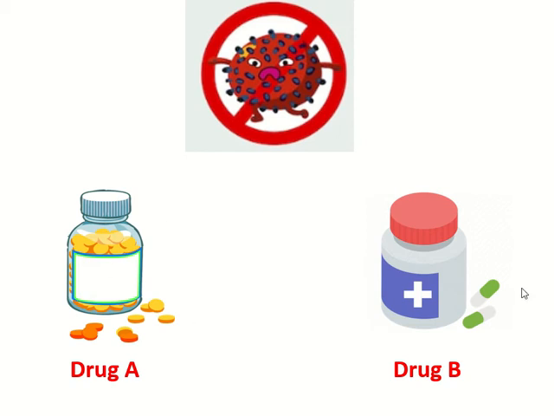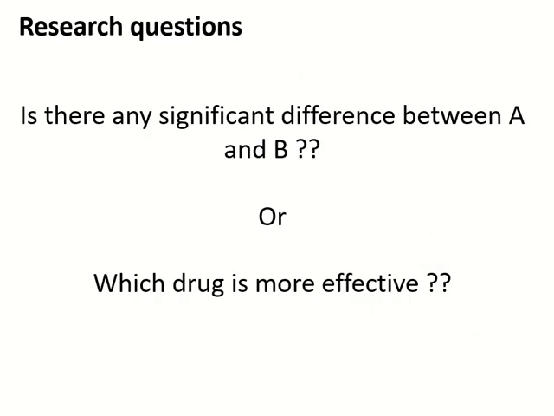Both drugs are effective and both can cure the coronavirus, but we have to test which drug is better. So now the research question arises for this testing: is there any significant difference between A and B?